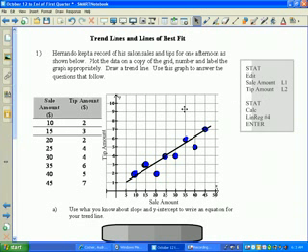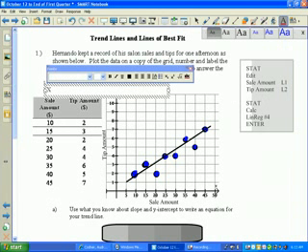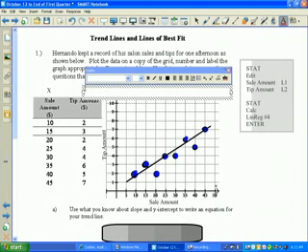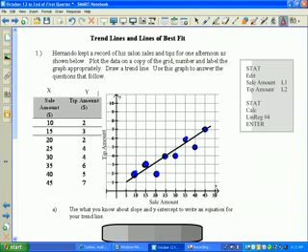And for your tips amount, you're going to put that in your list two. So this sales amount represents your X, and your tip amount represents your Y. So what we're doing is putting in our coordinates to represent those X and Y values.